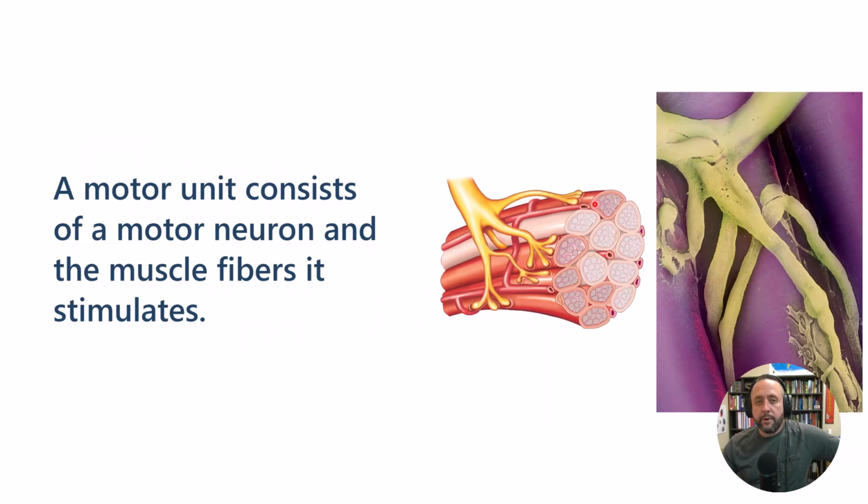Just to make sure we know what a motor unit is, hopefully I have some good depictions of them here. These are muscle fibers, and we'll say this one axon, this one neuron here, is connected to this unit, and that's all it will recruit when it's called on by my brain. To lift this real quick, I only need a few of those.